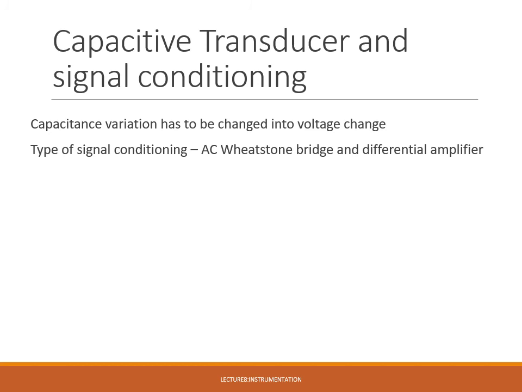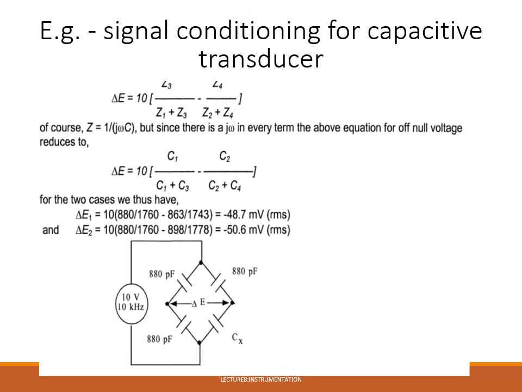It will have the same shape as the DC Wheatstone bridge, only the power supply is in terms of AC. So we can see that the shape is the same as the DC Wheatstone bridge, the difference is only at this power supply here. This is the AC power supply.